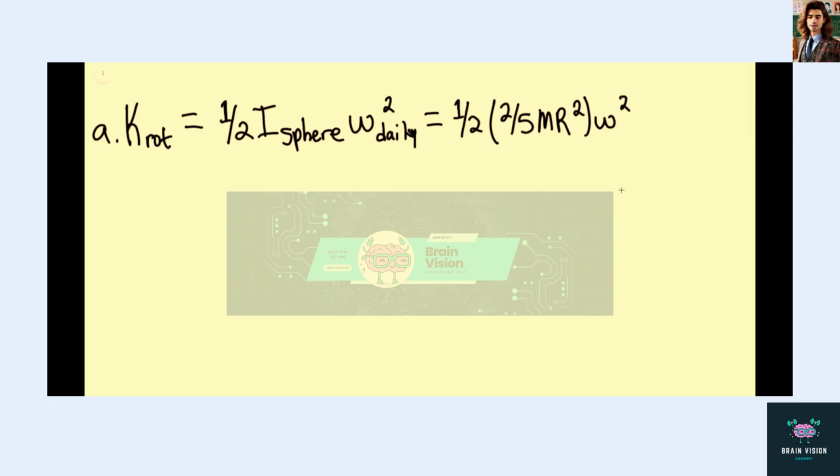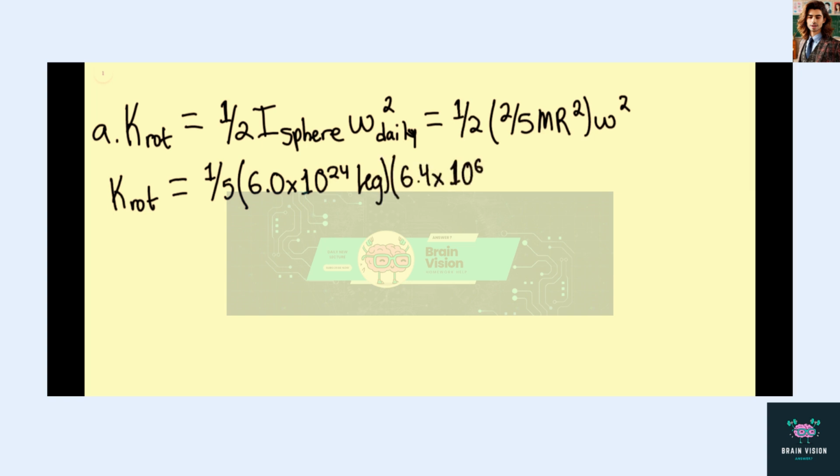So let's solve. The total rotational kinetic energy of the Earth about its own axis would be 1/5 times the mass of the Earth, so 6.0 times 10 to the 24th kilograms, multiplied by the radius of the Earth, 6.4 times 10 to the 6th meters, quantity squared, and then multiplied by the angular velocity of the Earth about its own axis.